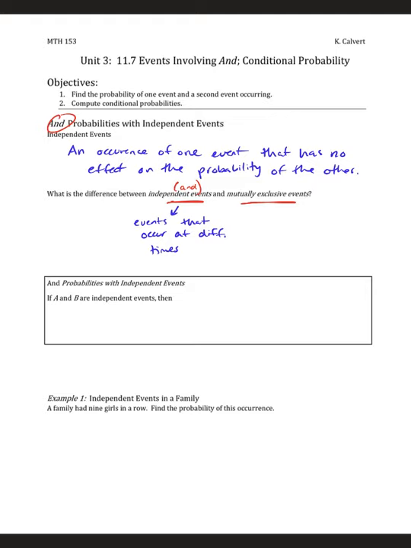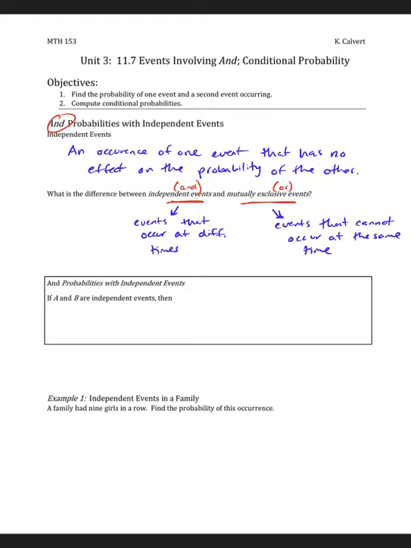Whereas with mutually exclusive, the keyword we notice here is going to be the word "or." Mutually exclusive events, think back to the last section, are events that cannot occur at the same time.